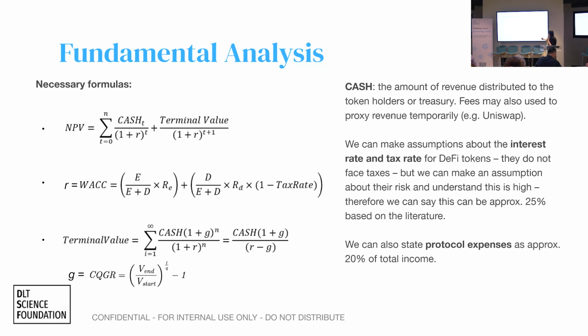For traditional finance, we probably use a different number; I need to check the paper. But generally the idea is to look at the cash flow, which here is basically the revenue generated by the protocols, and then discount it to get the net present value of the protocol.